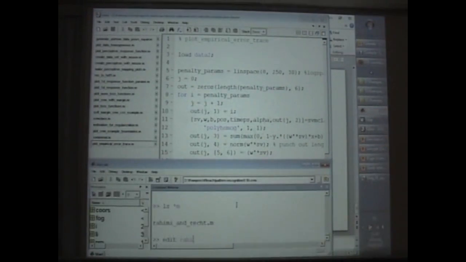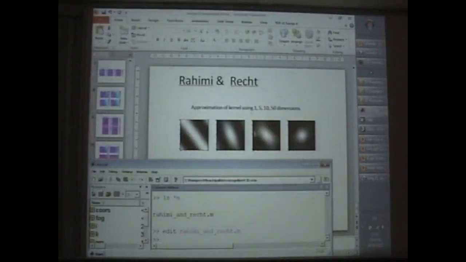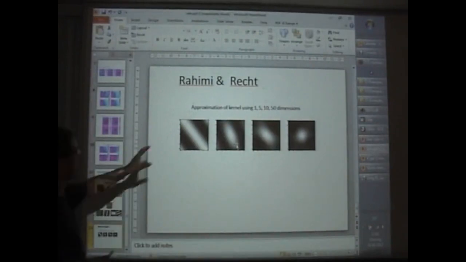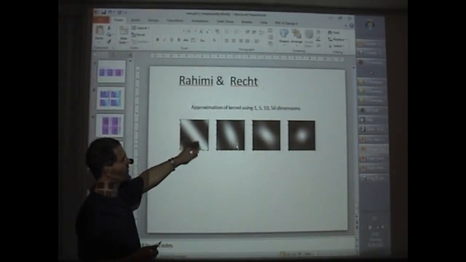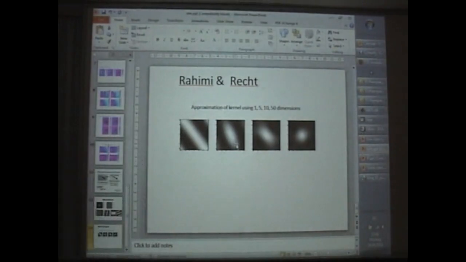Yeah, 5 is correct. So even when you take only 5 samples, so you add up 5 plane waves like these, you already obtain something that remotely looks like a Gaussian. It's still a little bit skewed, but even so.